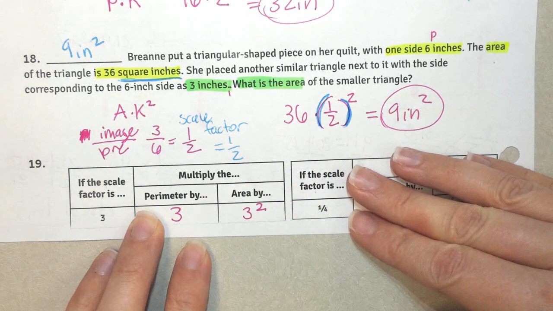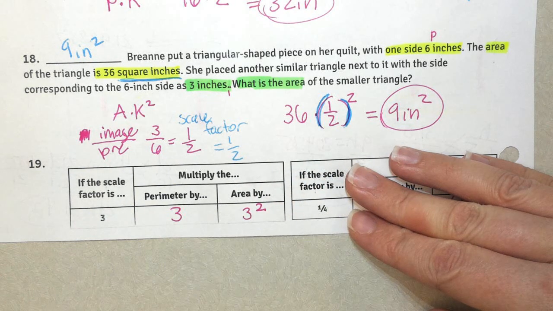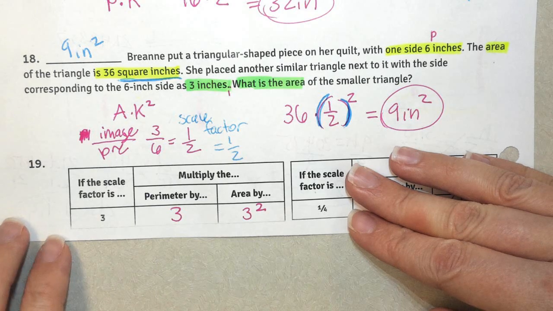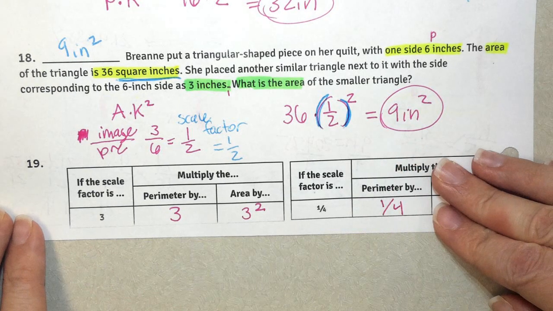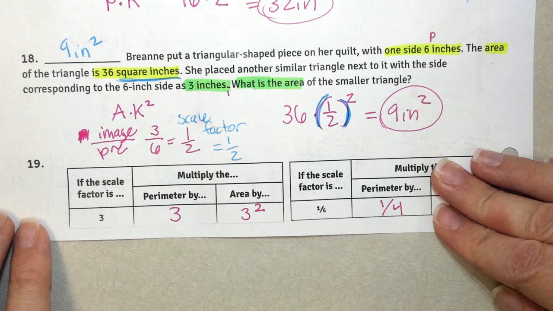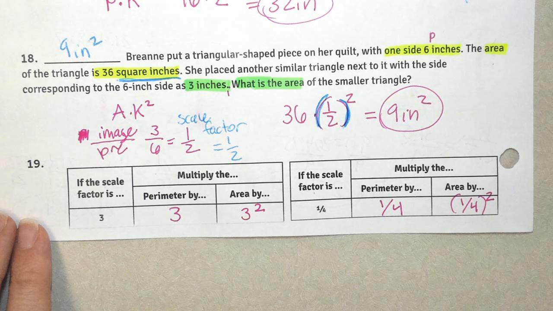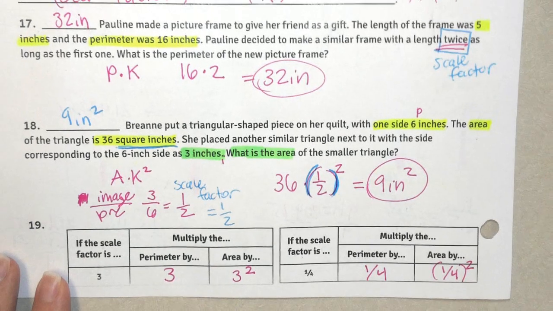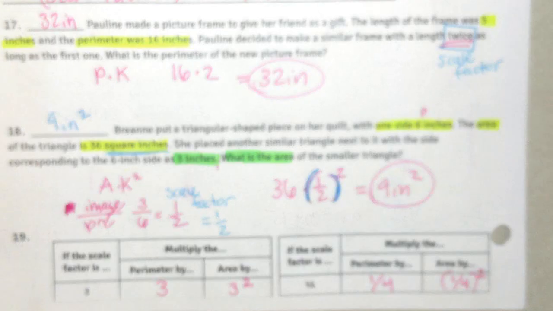Okay? If my scale factor is 1/4, if it's perimeter, we multiply by 1/4. If it's area, you multiply by 1/4 squared, but how do you have to write it? In parentheses. Very good. Okay, are there any questions on the back page at all?